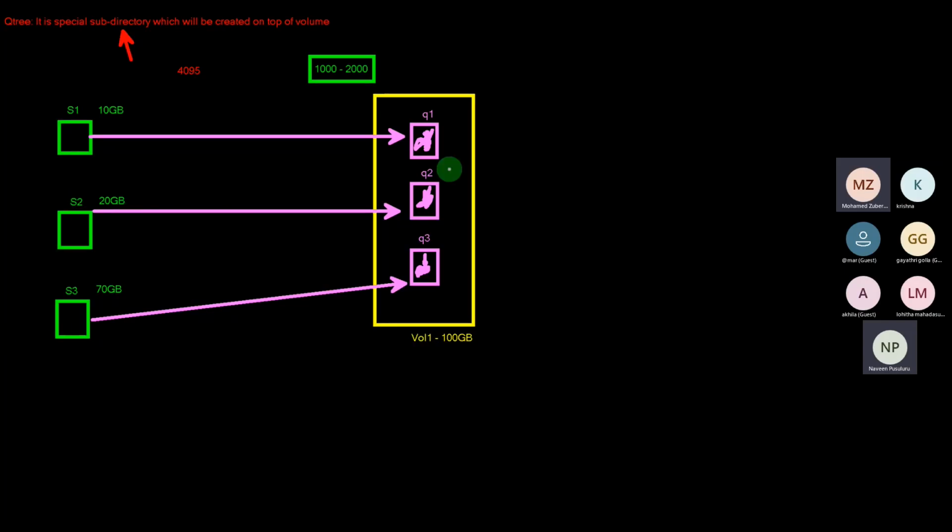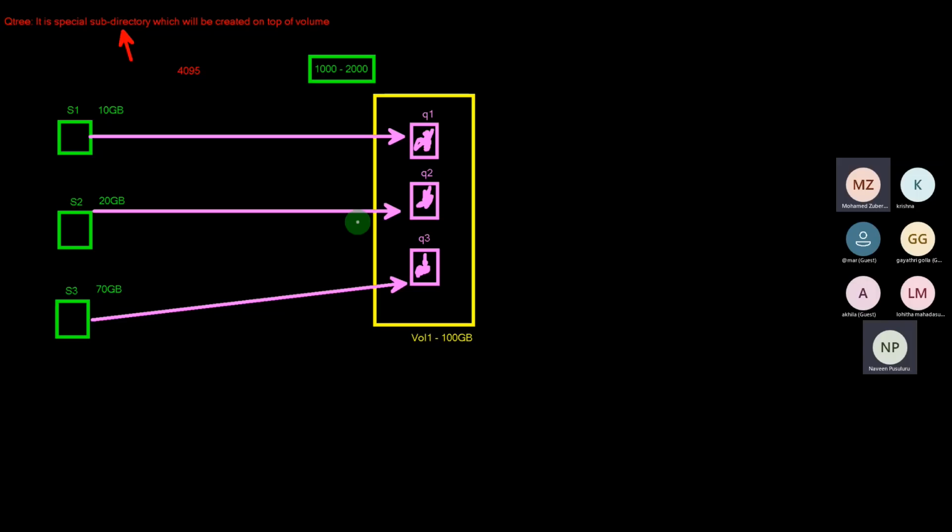No, it is not like that. As we presented separate Q trees for them, Q1 will be visible to S1 only, Q2 will be visible to S2, and Q3 will be visible to S3. Others will not be able to see each other's data. This is how Q trees will help us.